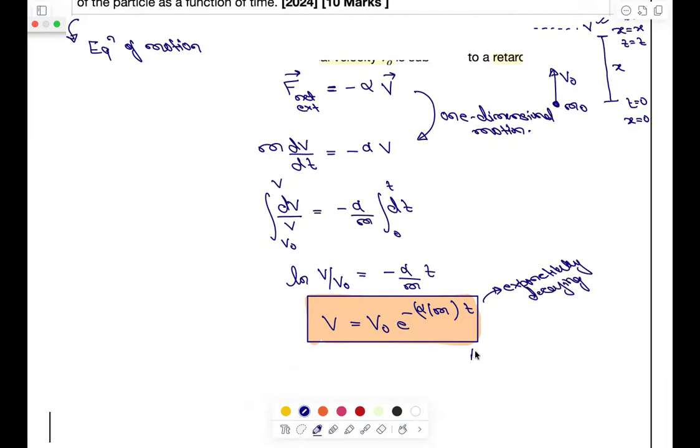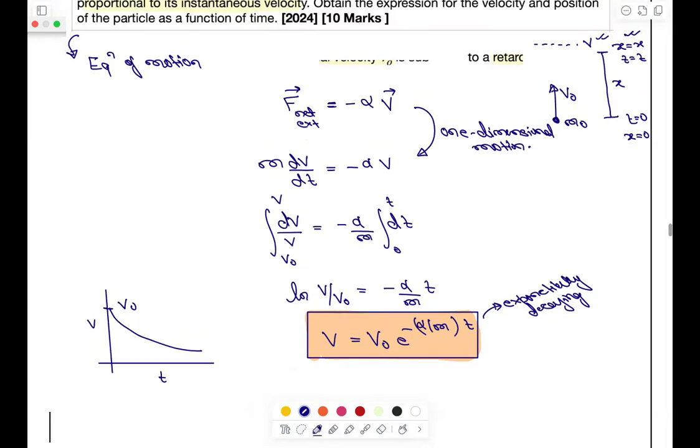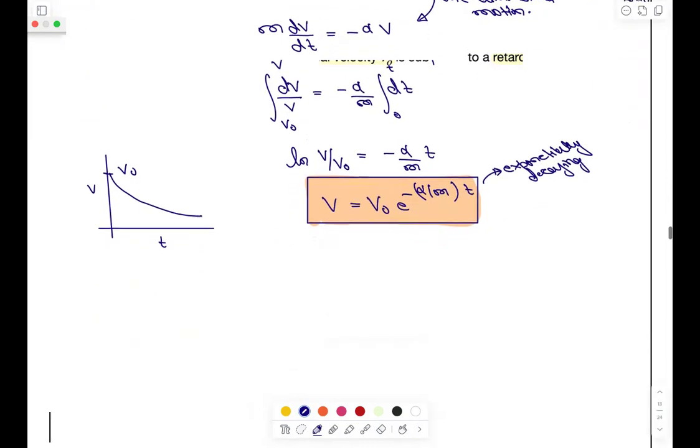So don't write them in place of the answer. Again, this course is not meant for interpretation, but you can think along these lines. Also you can draw the graph. It will hardly take 5 seconds. There will be some velocity v naught, and it is exponentially decaying, so v versus t. This basic additional thing will fetch you more marks. This is the first part. The second part is to find out x.